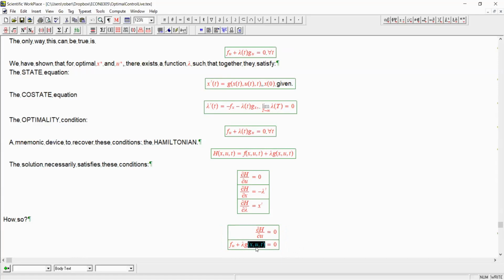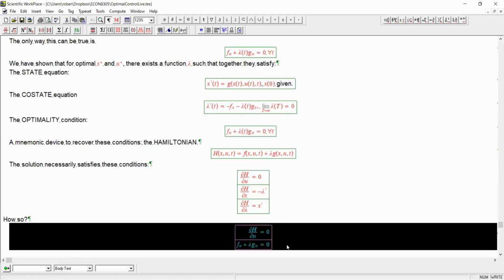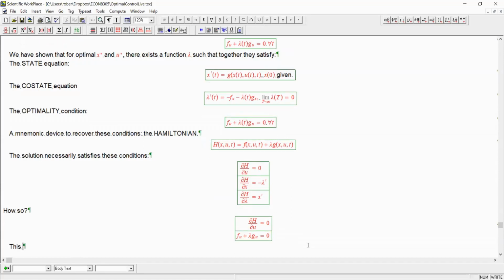The same is true of g. We differentiate this with respect to u, we get the derivative of g with respect to its second argument. And what have we done here? We have recovered the optimality condition.